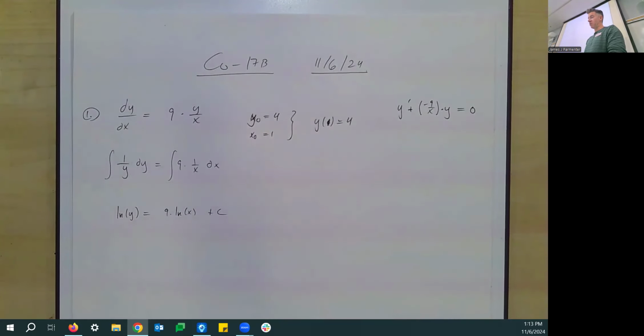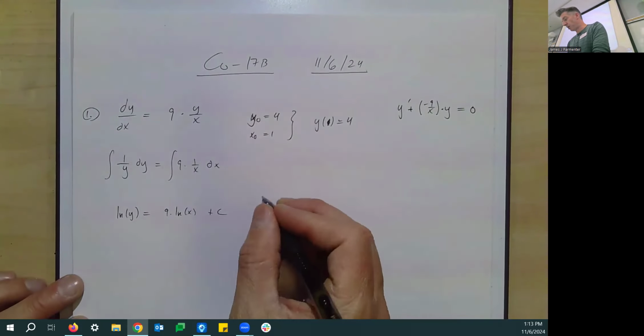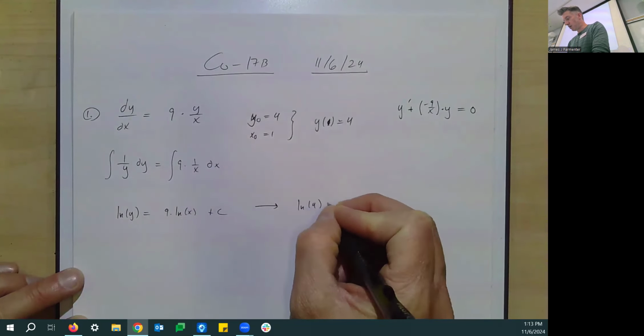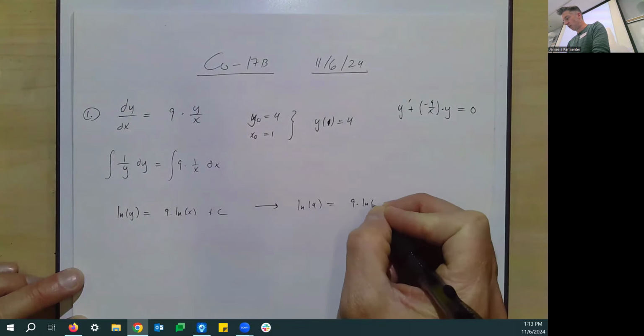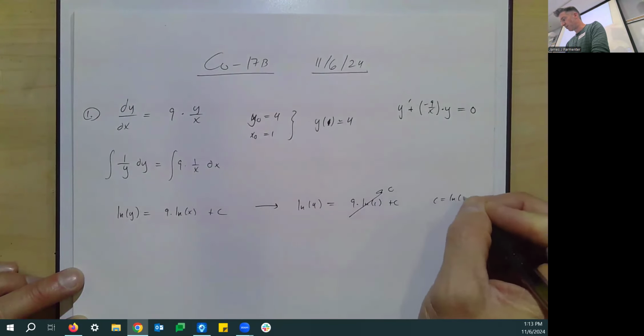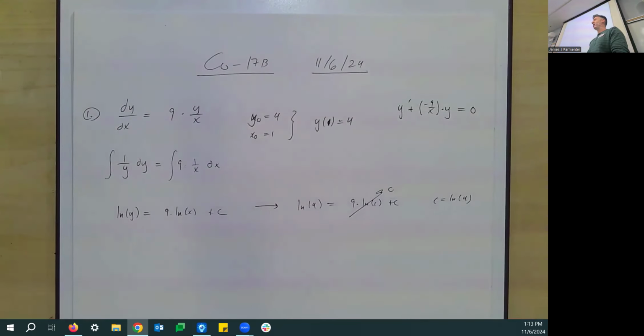Is now a good moment to try and solve for c? Maybe, maybe not. So let's just see. If we plugged in our initial conditions here, we'd have natural log of 4 equal to 9 times natural log of 1 plus c, but that's 0. So you'd have c equal to natural log of 4. While that's totally fine, then you have to carry that with you the whole way. So let's just do it this way and then we'll do it the other way.